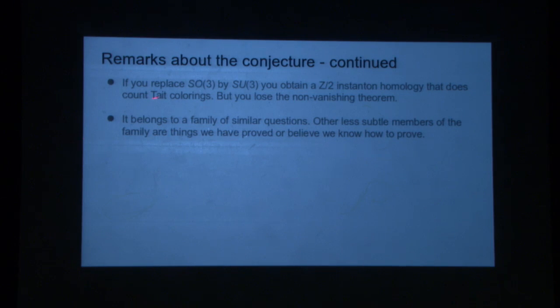But slightly more generally than this, there's a family of similar questions, some more subtle than others. The simplest of them, SU3, we think we know how to prove. The more interesting ones, we don't know how to prove.